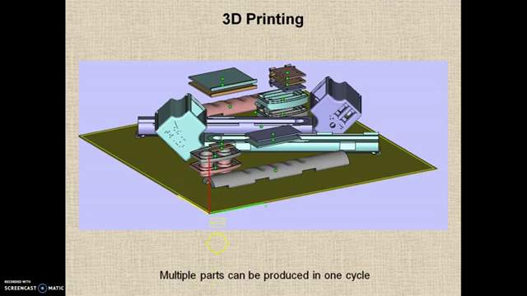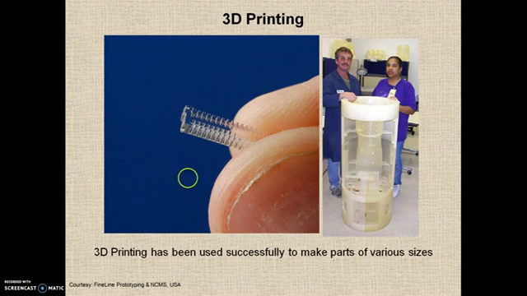Multiple parts can be produced in one particular cycle. If I am designing one cycle, part 1, part 2, part 3, part 4, part 5, all these parts can be produced with the use of 3D printing in one particular cycle. This is one more advantage. Small micro-level parts to big parts, both can be printed successfully.